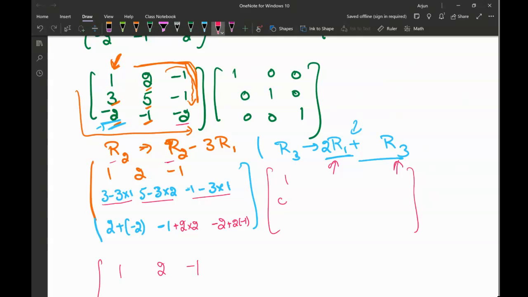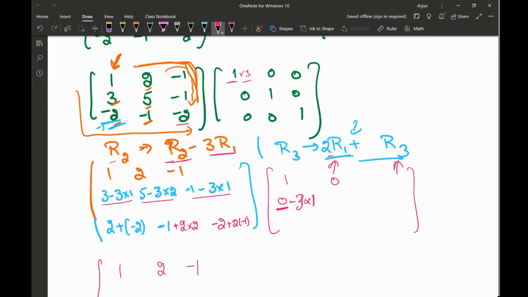So 0 minus 3, because I will show you what I've done: 1 times 3, that's what I've done on this one. So this was R2 minus 3 times R1. I can write it like this also, 3 times R1, which is 1.